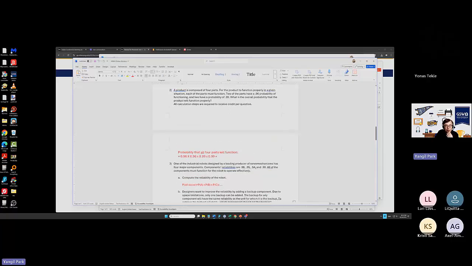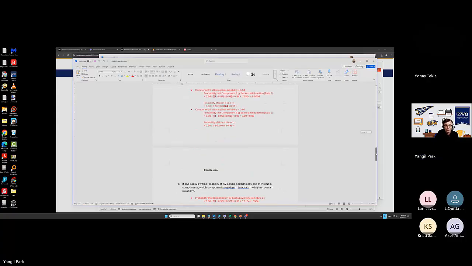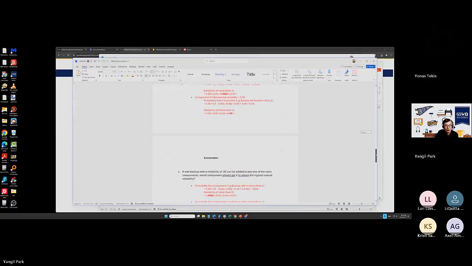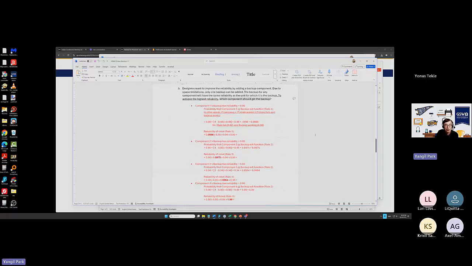0.98, 0.5, 0.94, 0.90. So here we go. First one, component 1 has 0.98 reliability. We're going to apply rule 2, because this is the case of backup.